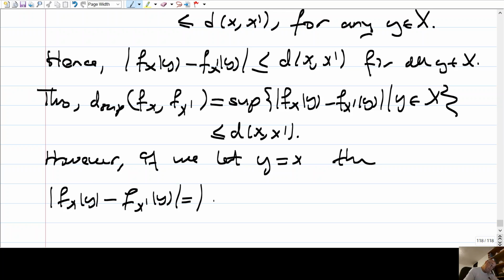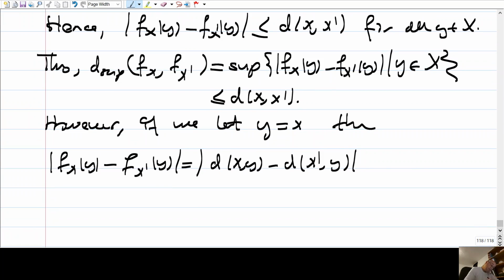So what is this? This was d(x, y) minus d(y, x)... and then d(x prime, y). But I let x equal y, so this is just 0, minus d(x prime, x). So this is just d(x, x prime).